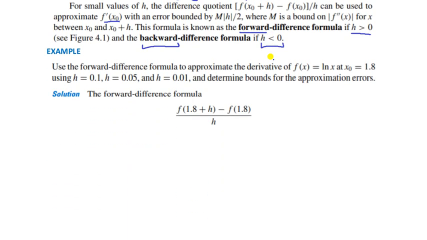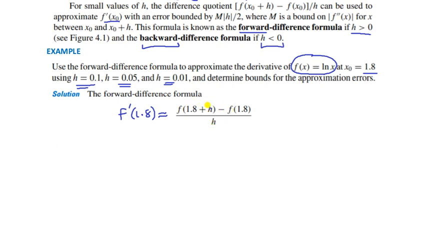Let's look at the example. f of x is given as log of x and the point is given as 1.8, right? And there are three different h's, so I will get three different approximations. First of all, my forward difference formula, because h is positive, is f prime at 1.8 is approximately f of x naught plus h minus f of x naught, divided by h.